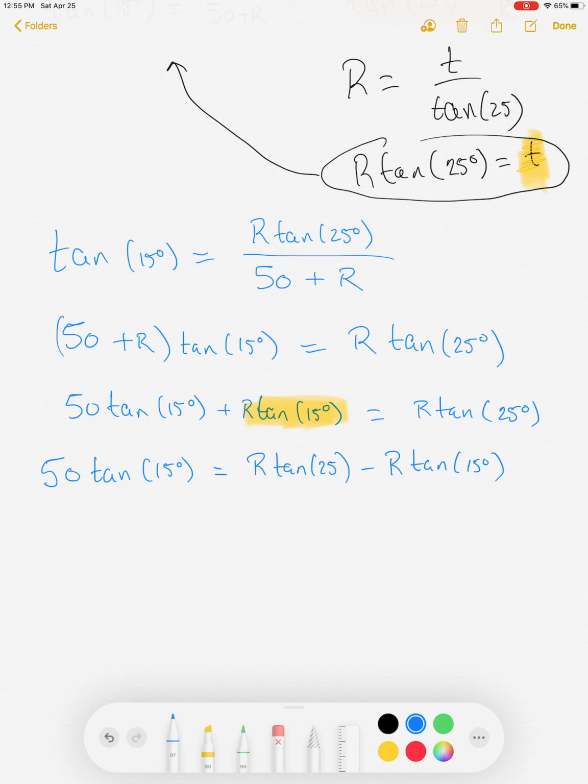Okay, so then I'm going to do 50 times the tangent of 15 degrees is equal to, and I factored out an R, and when I do that, I get tangent of 25 degrees minus tangent of 15 degrees.